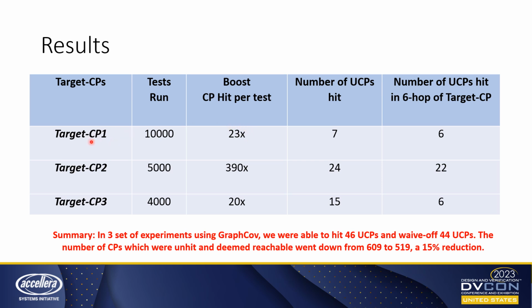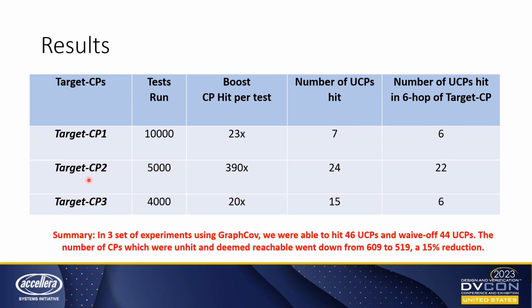So for the first target CP, we were able to boost the CP hit per test to 23 times what was observed at the normal end of project report for this target CP. And in this experiment, the number of UCPs that were hit was 7. Interestingly, this biasing was able to hit 6 UCPs in the neighborhood of the target CP, and there was 1 UCP which was hit outside the neighborhood of the target CP.